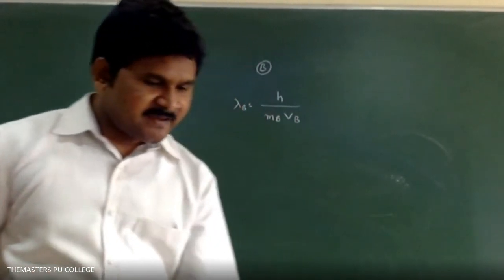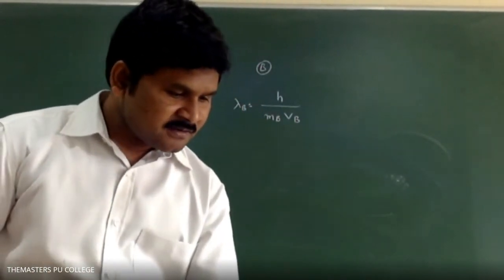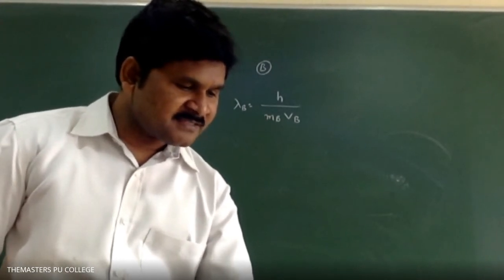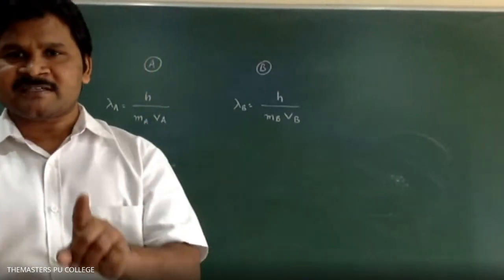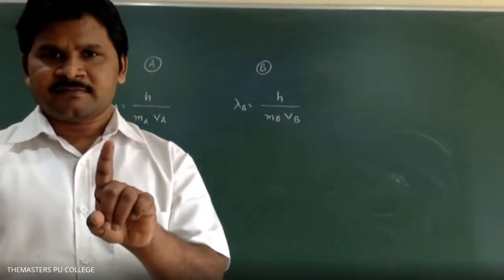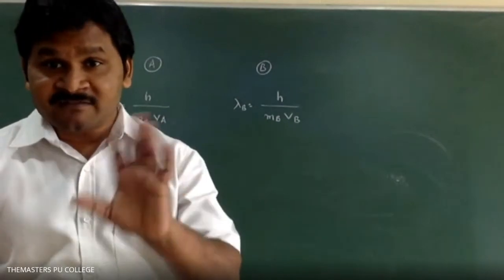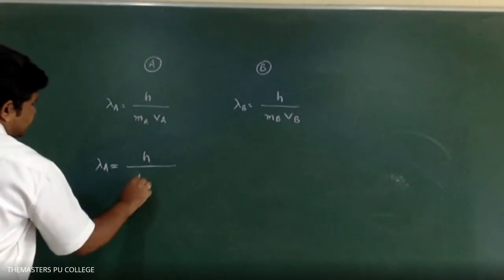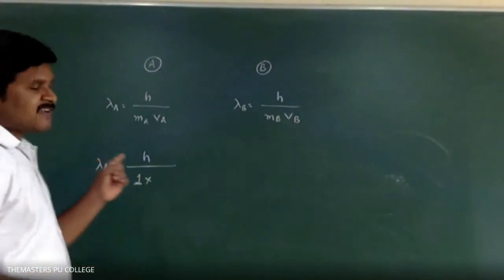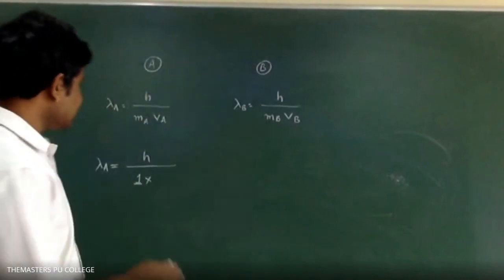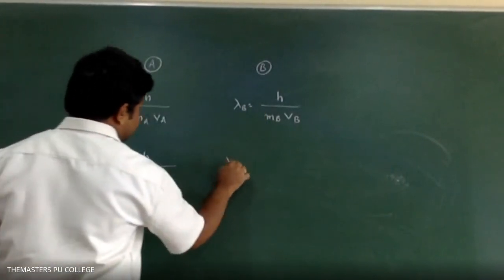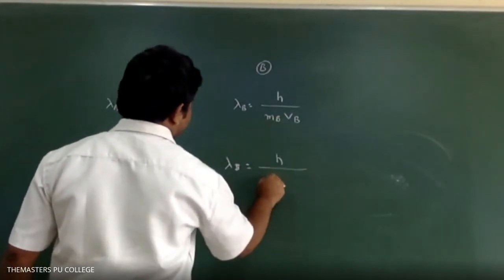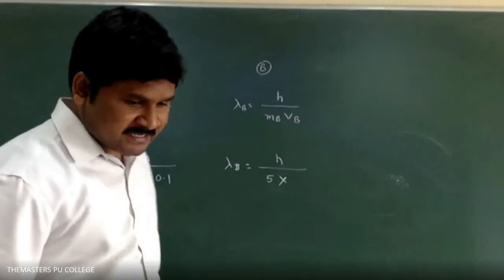What is the mass of A, ma? Read the question: mass of B is 5 times that of particle A. I am taking mass of A as 1, so B is 5. Next, what is the velocity of A? 0.1. Next, lambda B is equal to h by 5 into what is the velocity? 0.05.